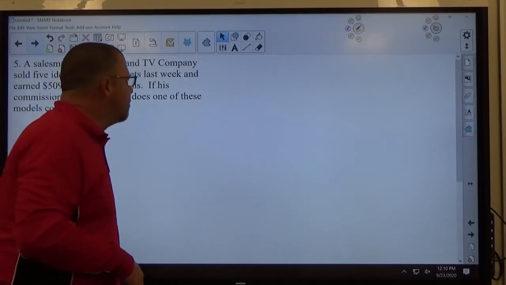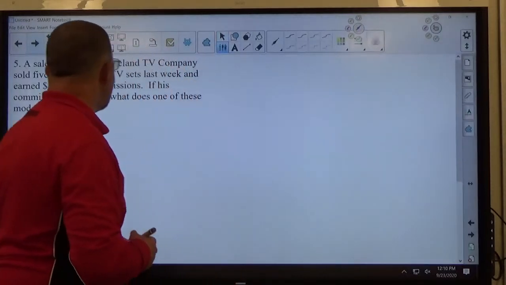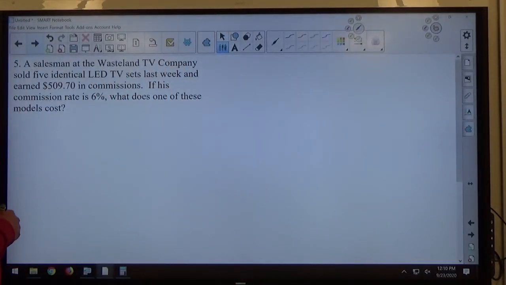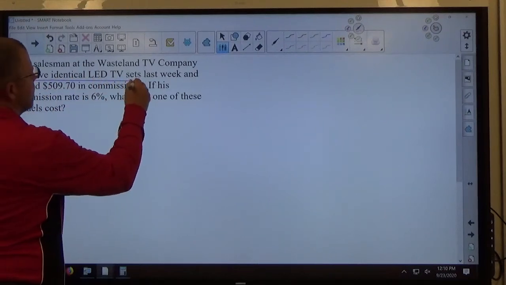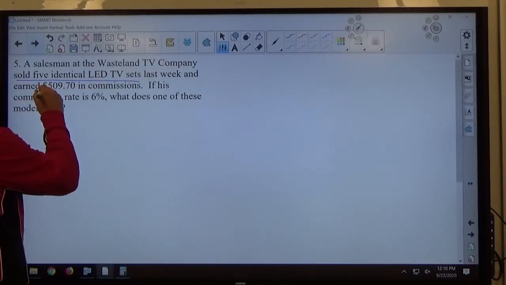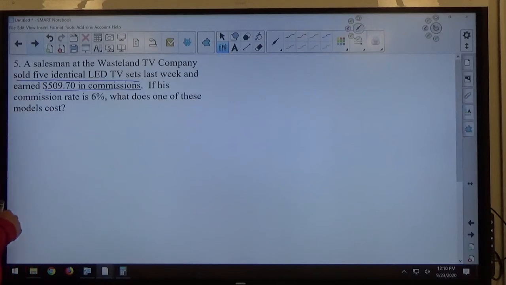So, with that in mind, if we focus on what's happening here, he sold 5 TVs. They're identical, which means they're the same price. We know how much money he earned in commissions for 5 TV sets, and we know what his commission rate is. We want to know what the total amount of the TVs is. So his commission is what he earns part of everything or the whole amount?